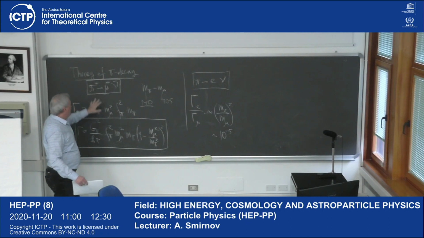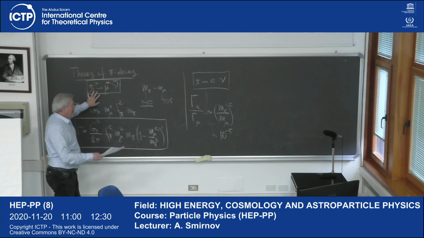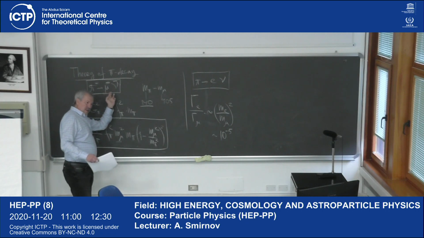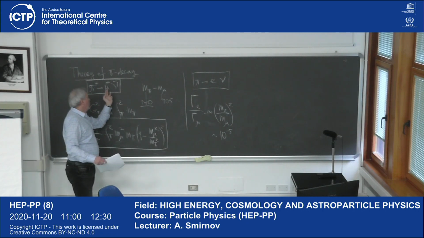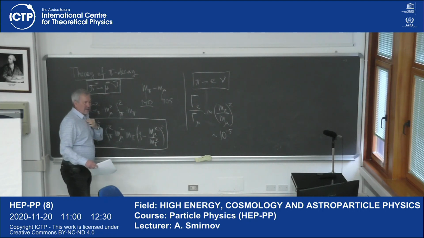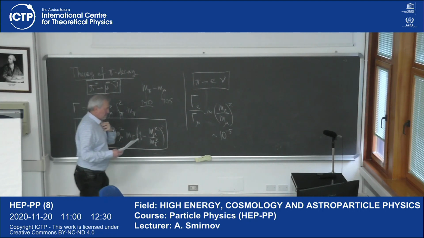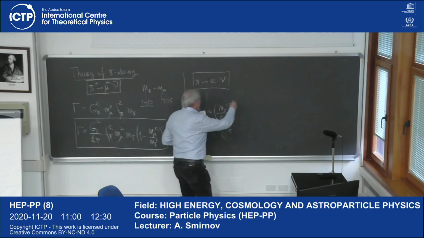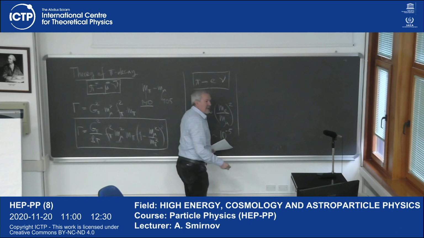And therefore, and this is extremely important for searches of oscillations, for instance, which we are doing now, the pion is mostly a source of muon and muon neutrino, and not electron neutrino. So actually this fact, we derived this.